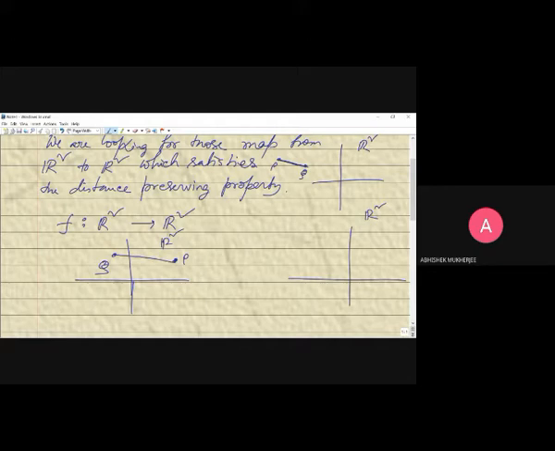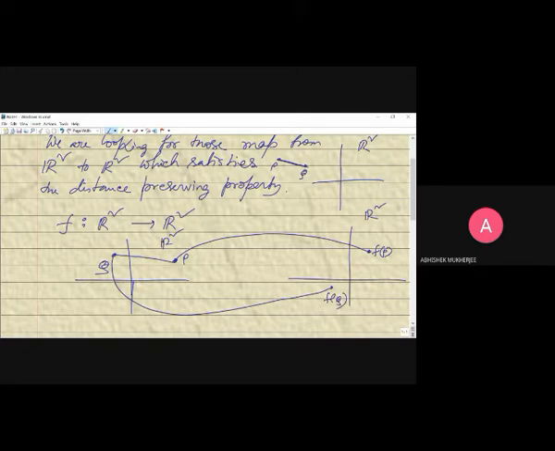Now what does this map do? It will map P to some point FP and it will map Q to some point, suppose FQ, right?